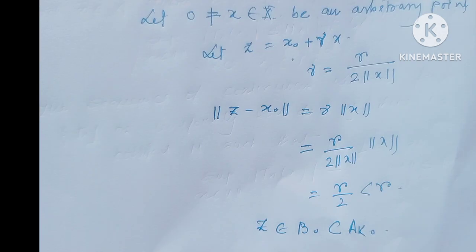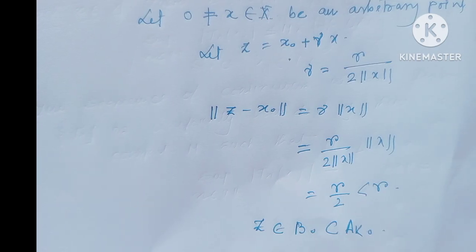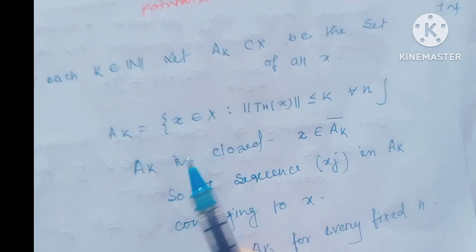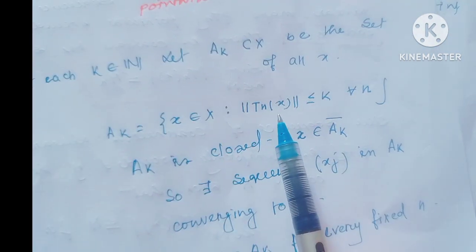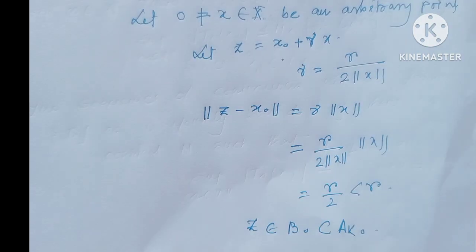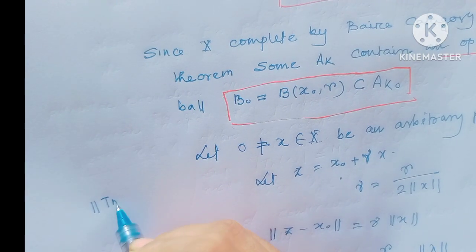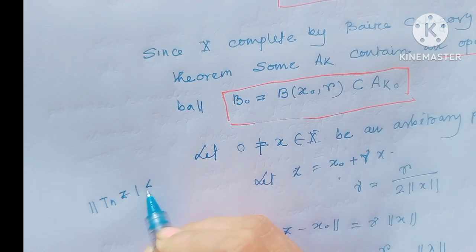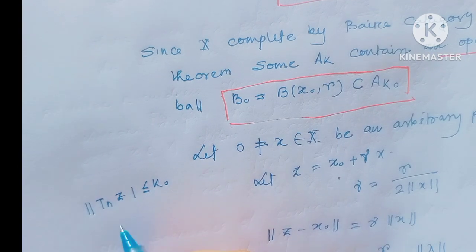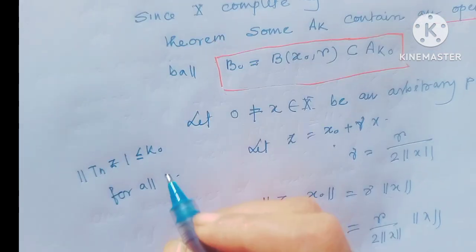Therefore, since z belongs to Ak0, and Ak is those x such that norm Tn x is less than or equal to k, we can write norm Tn z is less than or equal to k0, and this is true for all n.